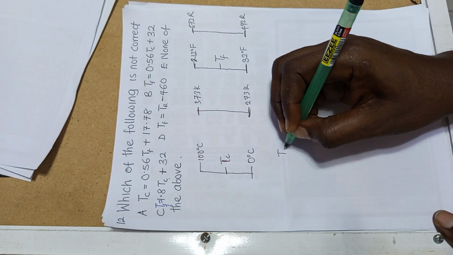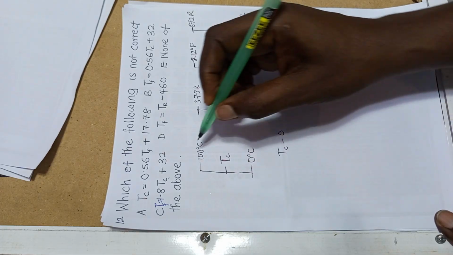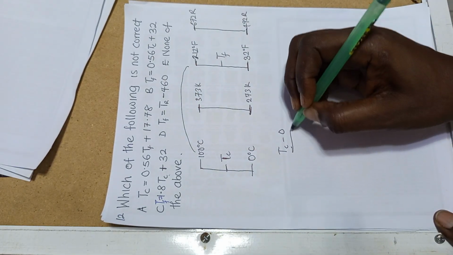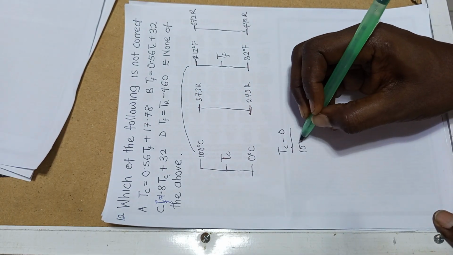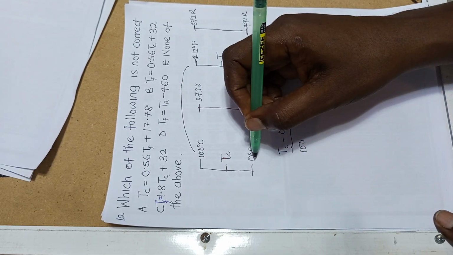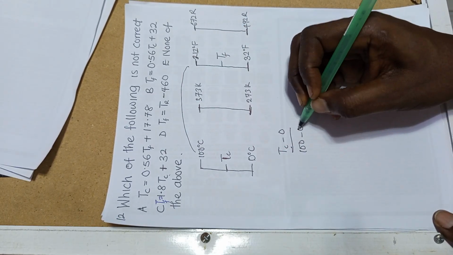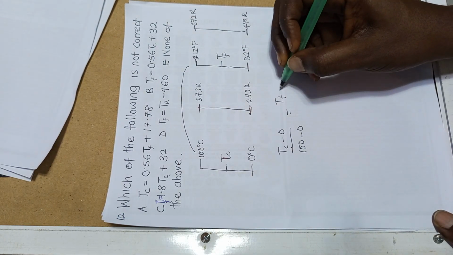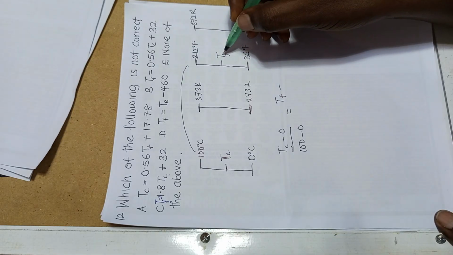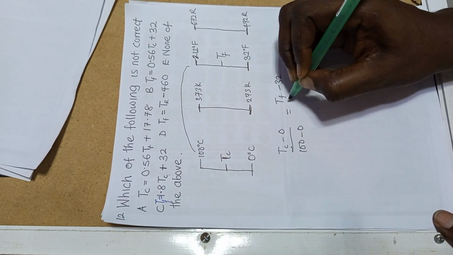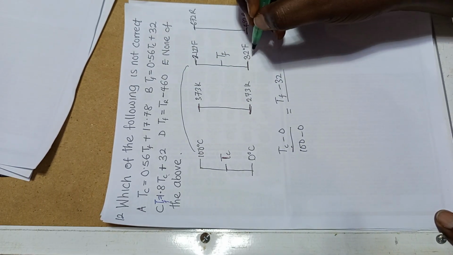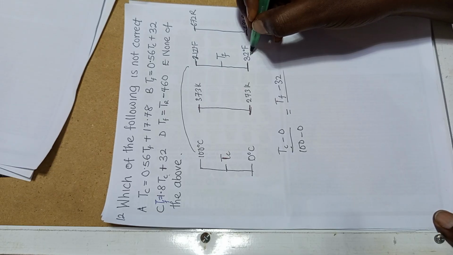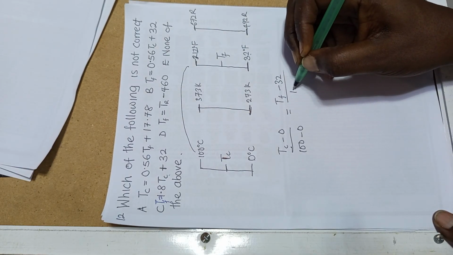So TC minus 0 over 100 minus 0 is equal to TF. Similarly, you do the similar thing here: TF minus 32 over 212 minus 32, which will give us 180.